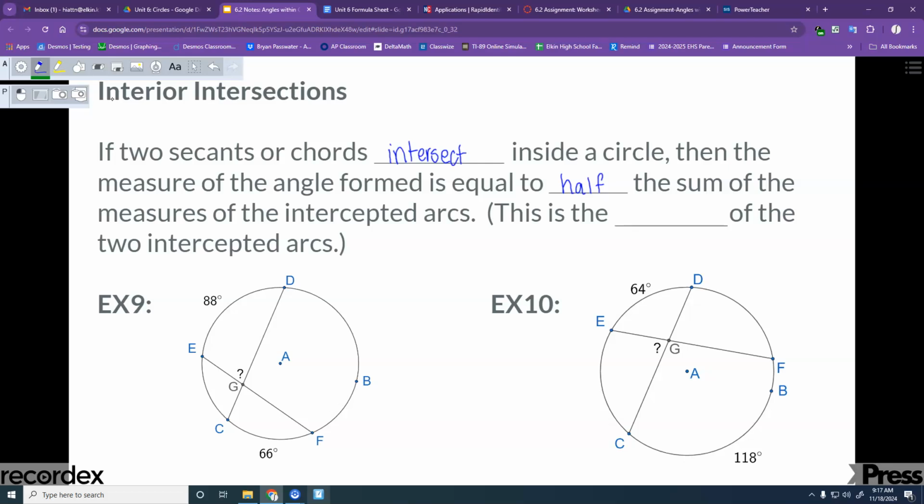This is the average of the two intersected arcs.